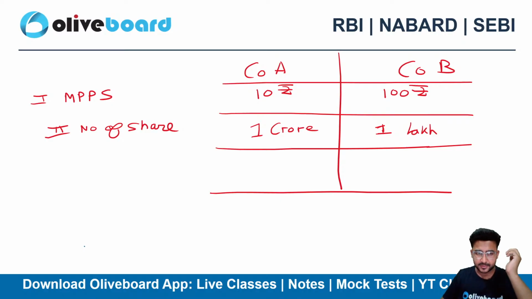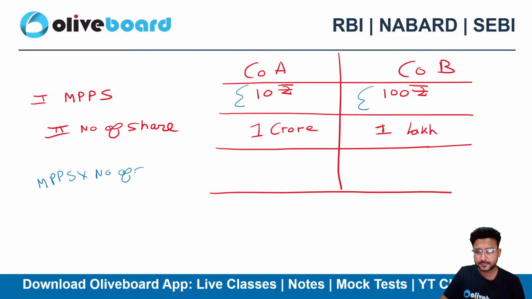having different prices, right? So if I talk about market price per share of company A, it's 10 rupees. However, for company B, it's 100 rupees. So I cannot conclude that company B is bigger than company A. That's not true. I need to check the number of shares as well. If I multiply the market price per share by the number of shares, then I get market capitalization, and that's the criteria.